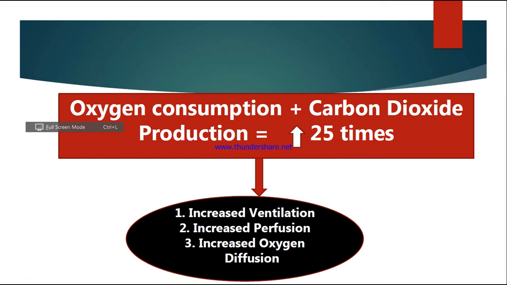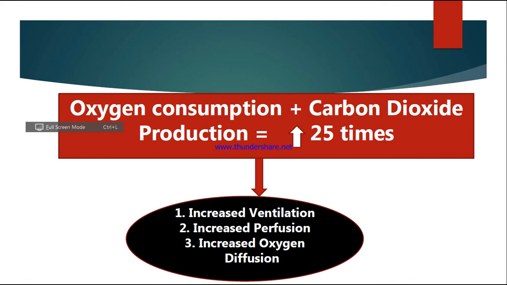So there is increased ventilation; the rate and depth of respiration will be increased and hence the ventilation, and there will be increased diffusion across the membrane of the respiratory tract.